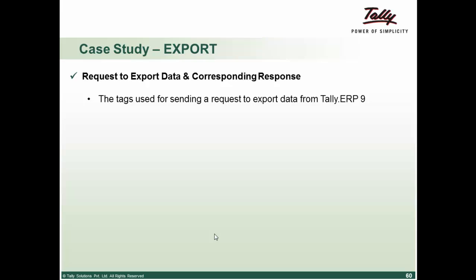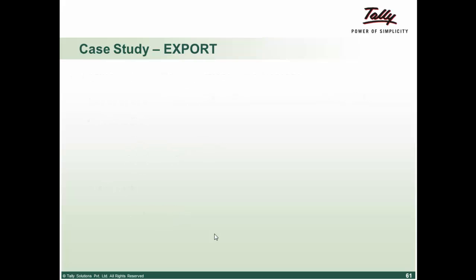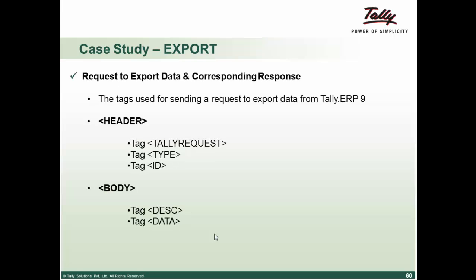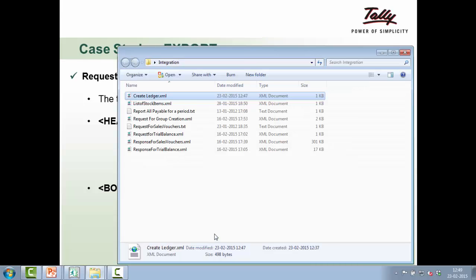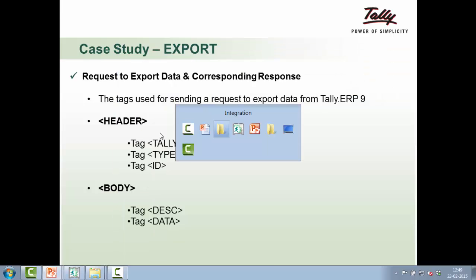Tags that are used for sending request to export data from Tally.ERP 9. We require a header, tag Tally request, tag type, tag ID. At the body we require the description and the data. So we'll just have the XML for this. We'll call for the trial balance.